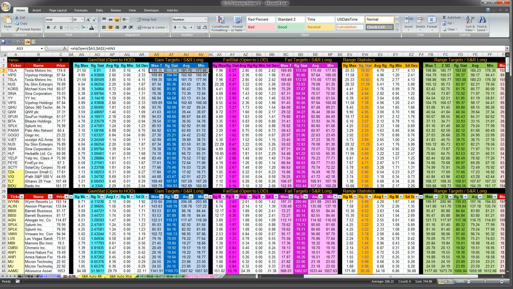I would be expecting it to start to make a fall. This is under normal circumstances, you know, not if there's any special news or earnings information or anything like that. I can also use it to consider maybe getting in on a short trade. So say maybe Tesla's run up to 185 or 186, and now it's starting to hesitate.